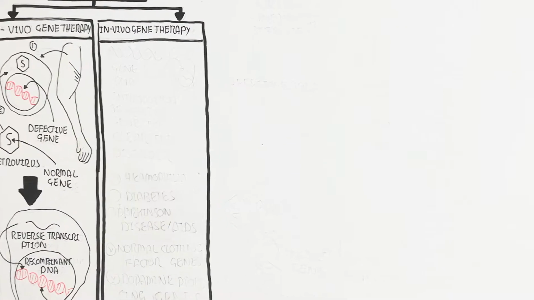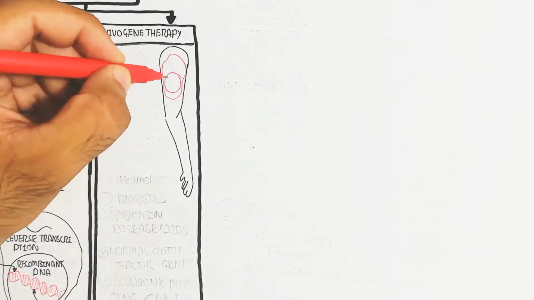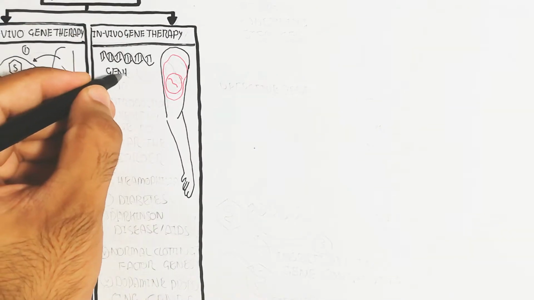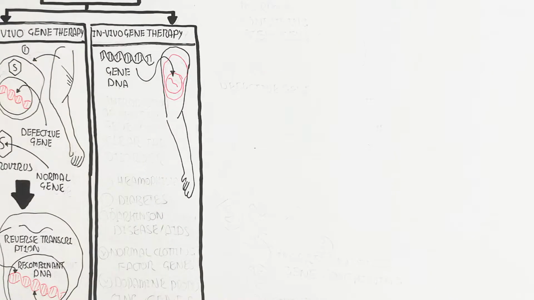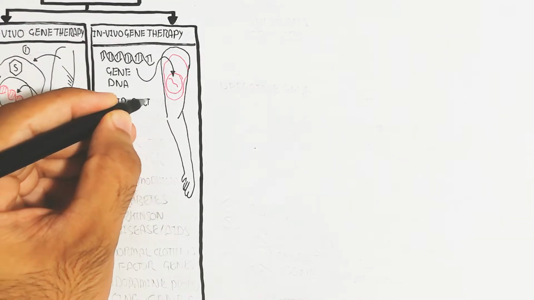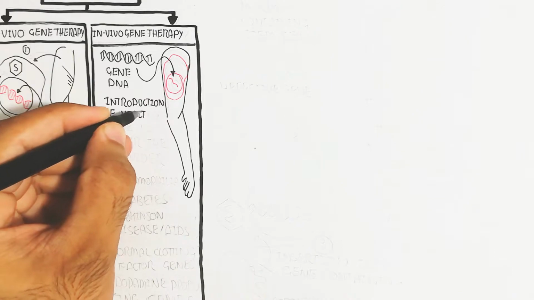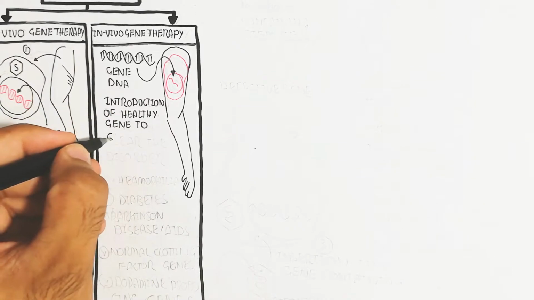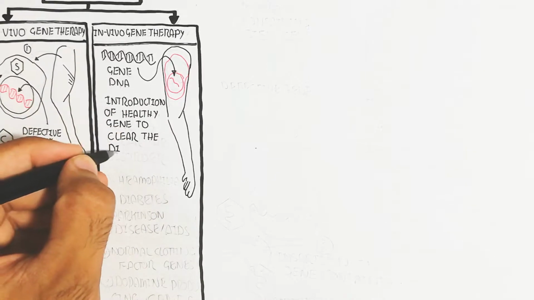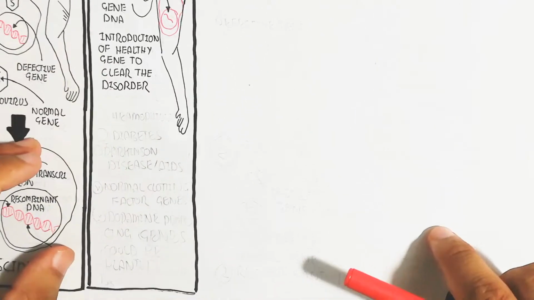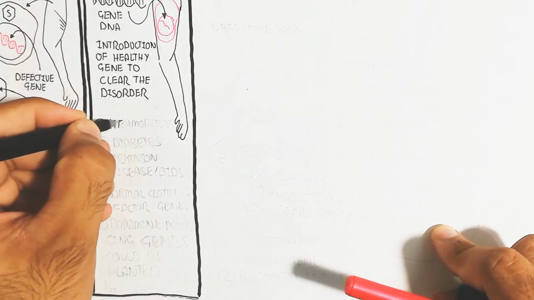While the in vivo gene therapy, let's begin to understand. In vivo means the DNA segment containing the gene will be introduced inside of the body. So intracellularly, a healthy gene is introduced to clear the disorder.